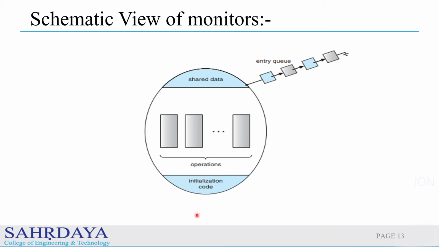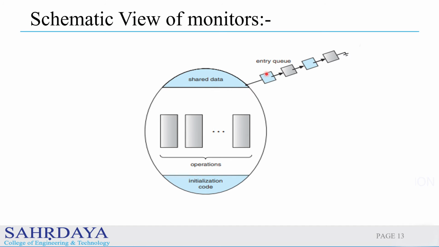Now this is important, this is a schematic view of monitors. This whole thing is a monitor, and this is the entry queue, and these are the processes waiting to access the shared data through the functions. There is the initialization code and shared data, and these are the operations, that is the functions. Processes access monitors in which they use procedures to access shared data.